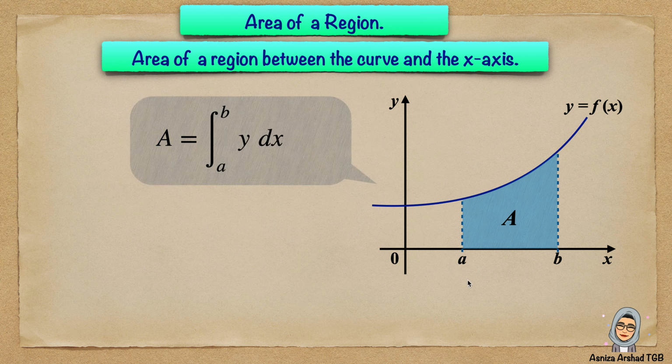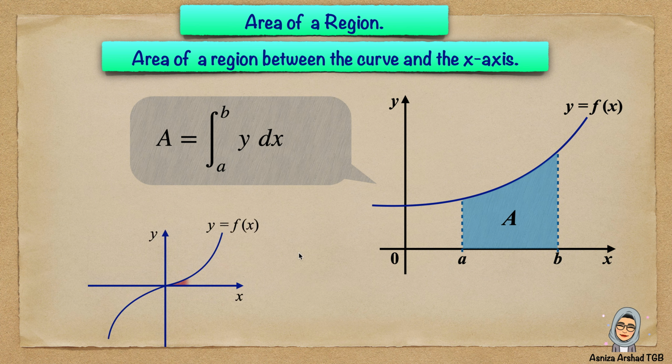Using integration we can find the area, where we need to find the integral from a to b of y dx. So y is the function of x, and a and b are the limits, because the shaded region starts from a and ends at b.